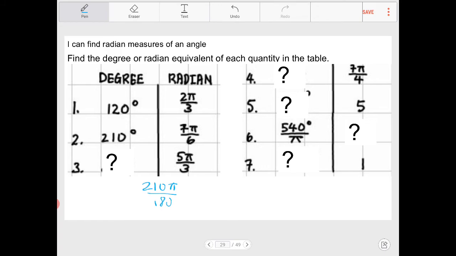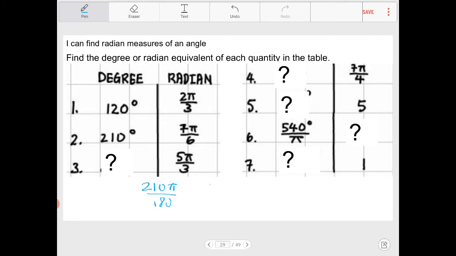Next, I'm trying to go backwards. I have 5 pi over 3, which is in radians, and I want to figure out what it is in degrees. To do that, I'm going to use the formula theta is equal to 180 over pi times alpha. If I do that, I'll end up with 300. Why is that?